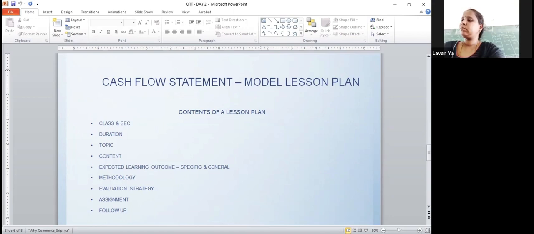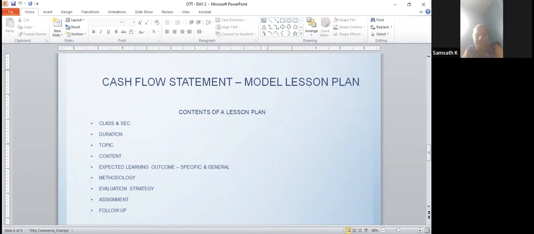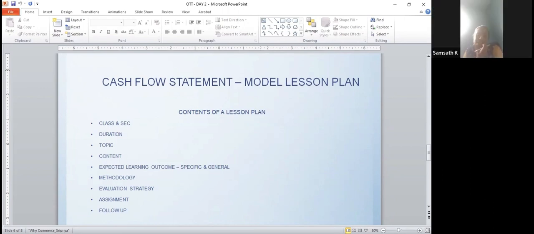So evaluation, so methodology broadly with the aids. You say that with the blackboard and chalk piece, or you will prepare some teaching aids like PPTs. But I would suggest more than the PPTs and other things, your hand and your brain, your mouth is a better aid. Definitely. To discuss some case studies also.